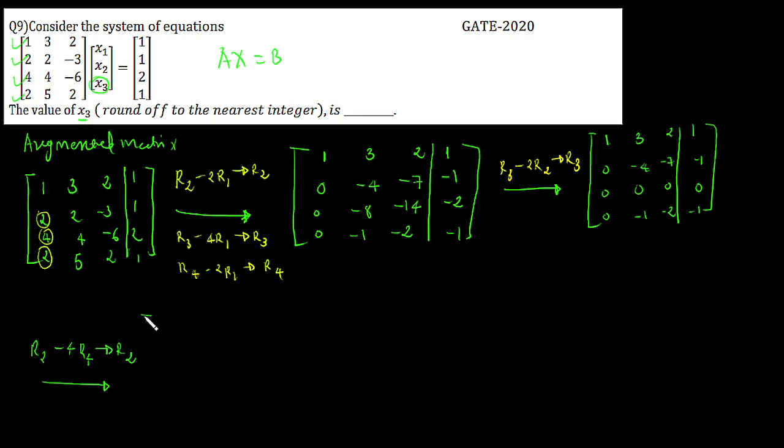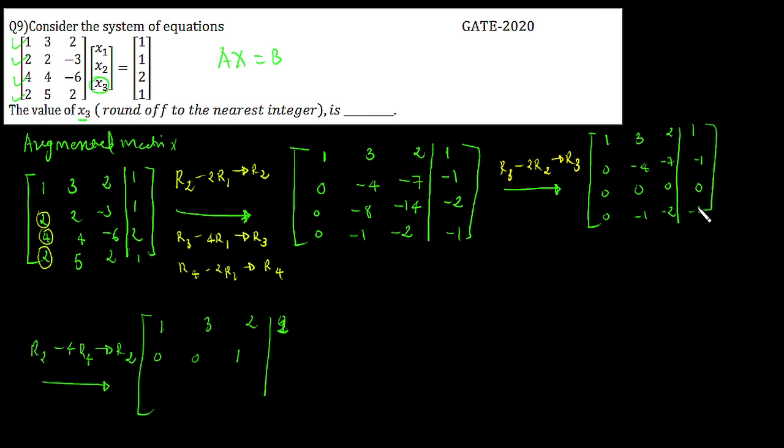So if I perform this operation, our resultant matrix looks like this. Sorry, 1, this entry 0, again 0, and this 2: negative 2 multiplied with negative 4 gives plus 8. We already have minus 7, so we are getting plus 1.